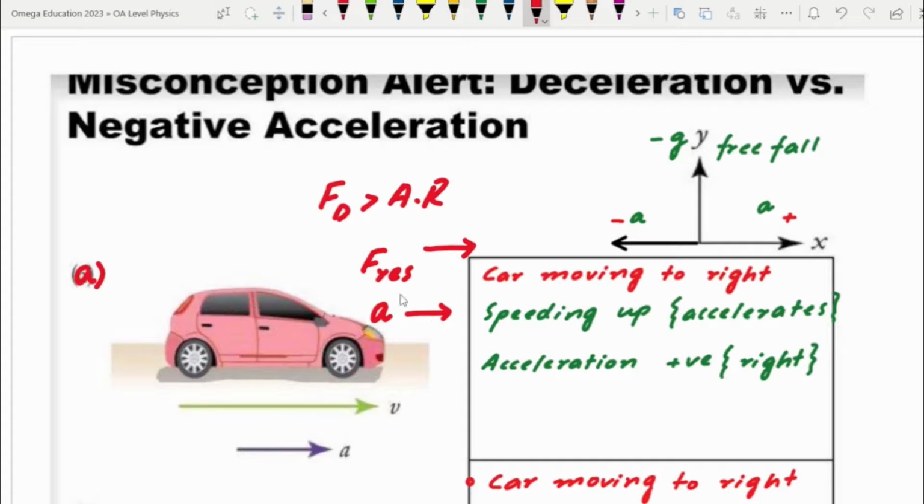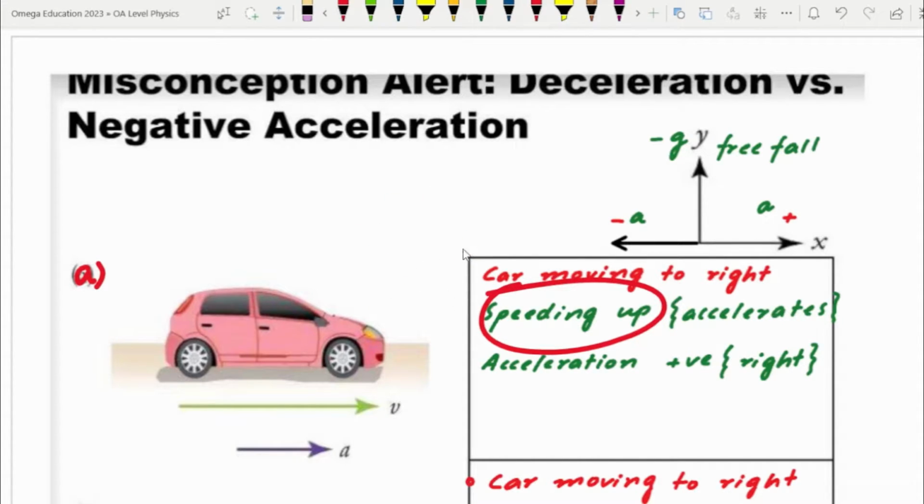So acceleration is positive because it's towards the right side, and it is acceleration, not deceleration, because the object was speeding up. And because the acceleration was towards the right side, we call it acceleration, not negative acceleration.